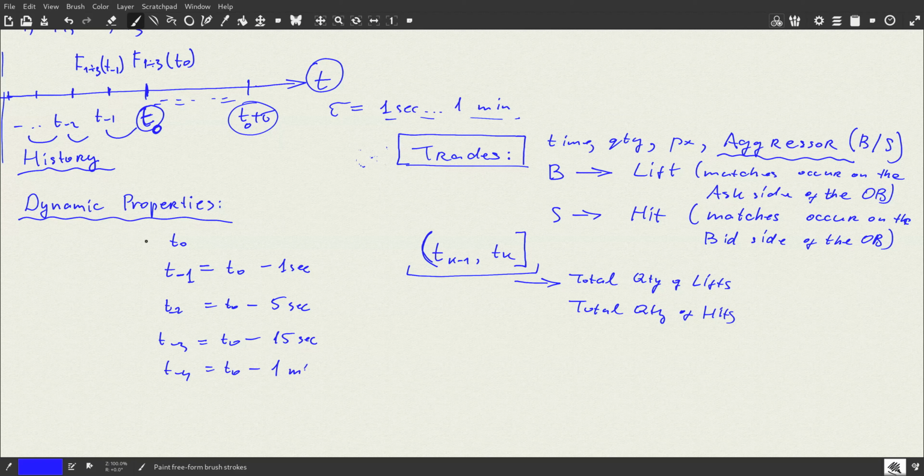For example, it might be like this. And for each time interval, you would construct the total quantity of lifts and total quantity of hits within the corresponding interval.